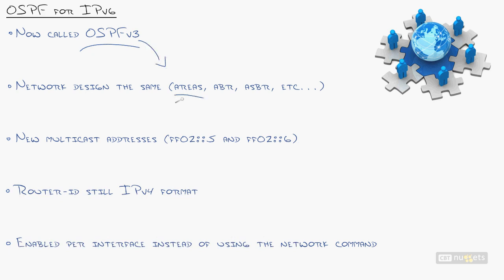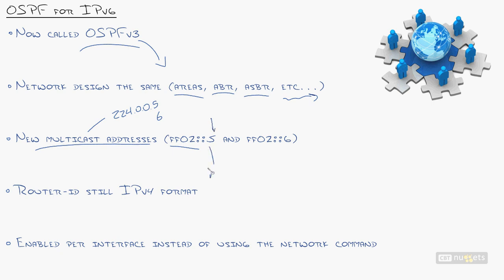So network design in OSPF v3 is the same. We've got the same areas, area border routers, autonomous system boundary routers, all of those concepts that we've come to know and love through ICND 1 and ICND 2. Now, what's different is instead of having the multicast addresses of yesteryear, in OSPFv2, 224.0.0.5 and .6, we've now converted that to an IPv6 multicast, FF02::5.